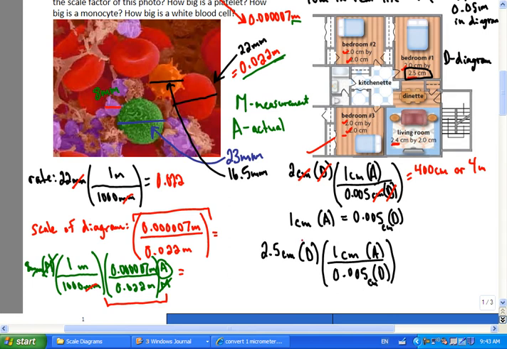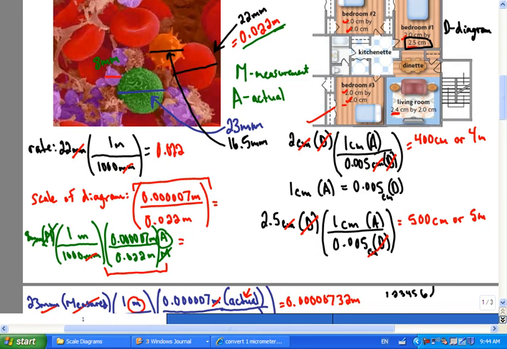So centimeters are gone. The diagram's no longer in my problem, and my units are going to be in actual centimeters. So if I use my calculator here, it's going to be, what, 500? Or about 5 meters.